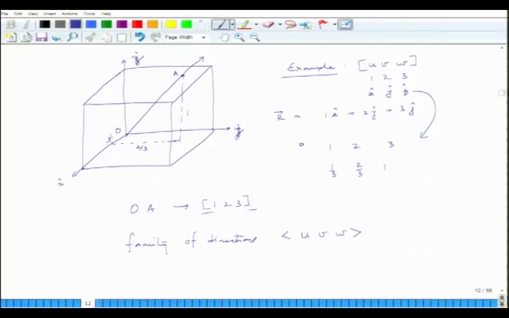Now, let me take a few more examples. If you just look at it objectively, this O is the origin, which has the point 0, 0, 0. This is a point which is U V W. Direction is nothing but U V W minus origin.